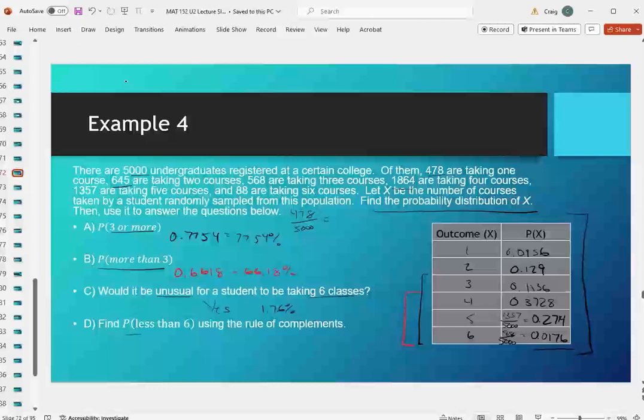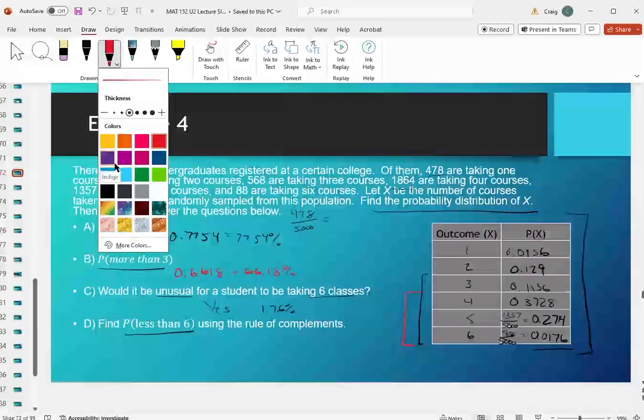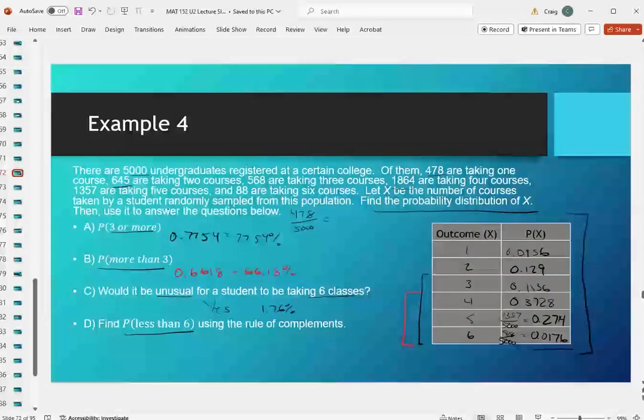Now we want to find the probability of choosing less than 6. I'm going to change the color again real quick. If we want the probability of less than 6, well, that's 5 or below.